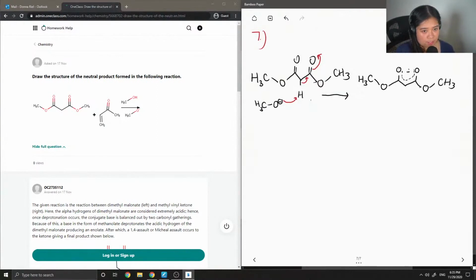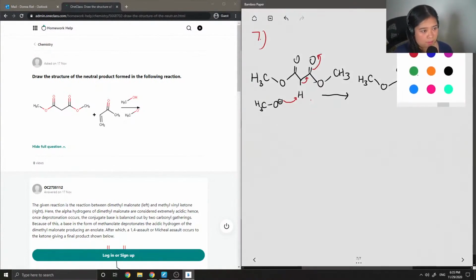And it's kind of shared in between both. Okay, so I'll just write that step 1 was the deprotonation.